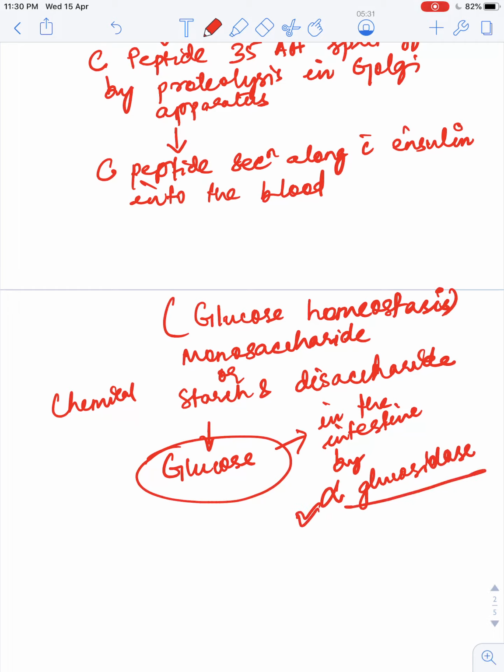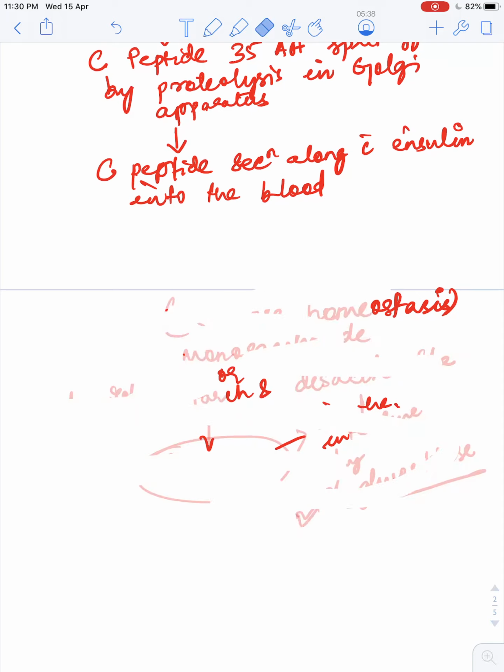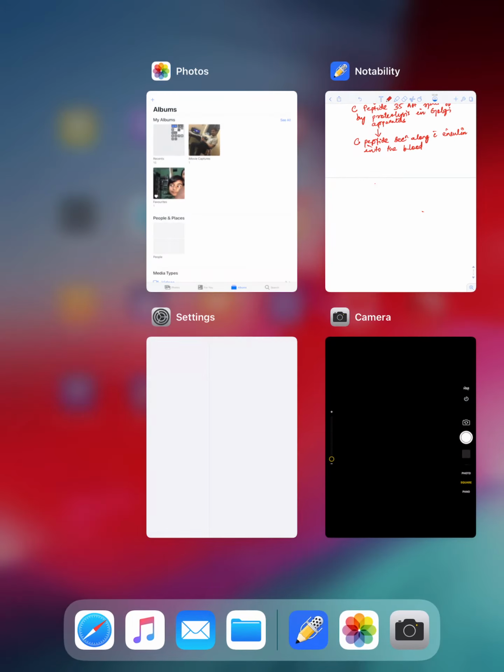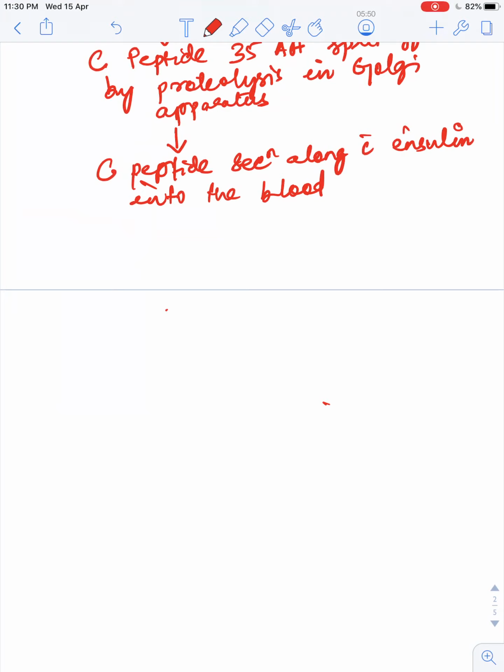Okay, so the glucose absorbed in the epithelial cells of the intestine stimulates the release of incretin.